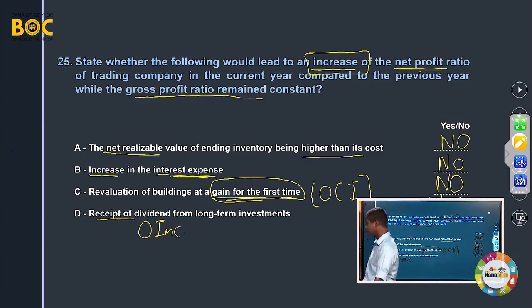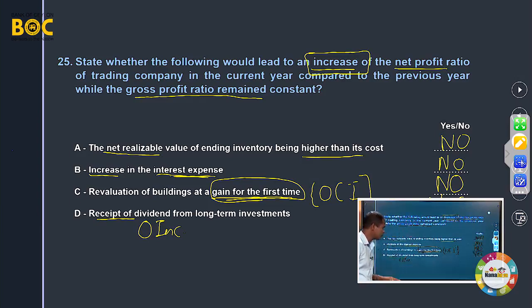Again, state whether the following would lead to an increase in the net profit ratio. Net realizable value higher than cost means you have an inventory gain, which we don't recognize.